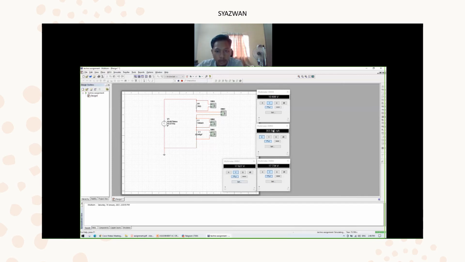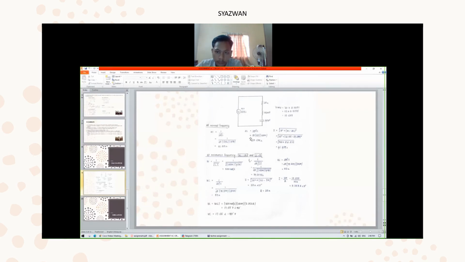And next we see at the current, we get 353.545 milliampere. To see whether the output is correct or not, we look at our calculation. So we can see here that VRMS we also get 10.607.